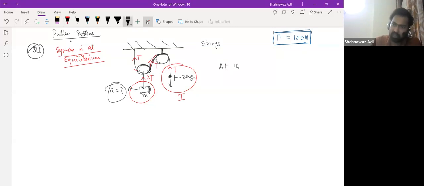At 1, we have only two forces, and there we have to apply the equilibrium condition. One is up, another one is down. F is equal to simply T, because they have given the value of F, that is 2 mg. So tension is 2 mg.